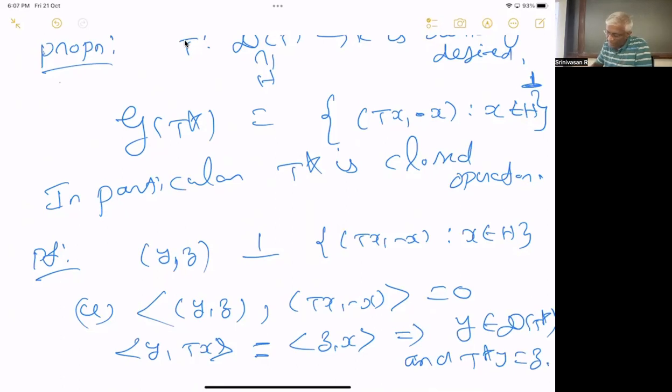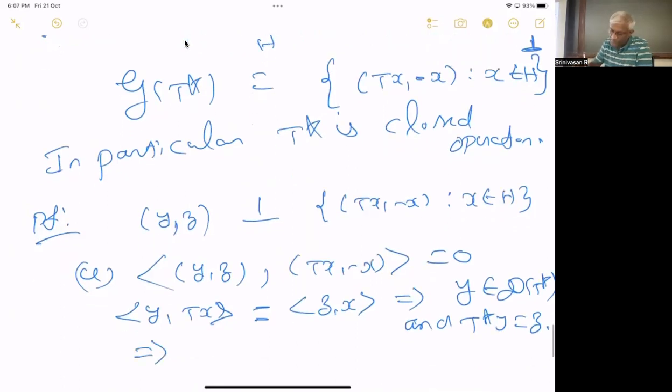So this implies, whatever you call this, say G, G perp is contained in the graph of T star. This is what you have proved.